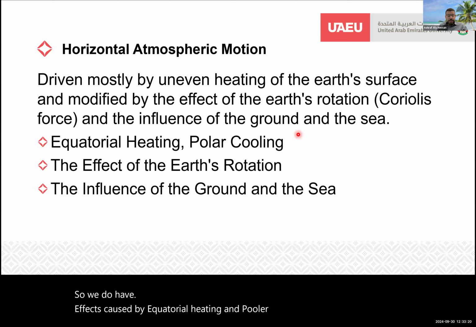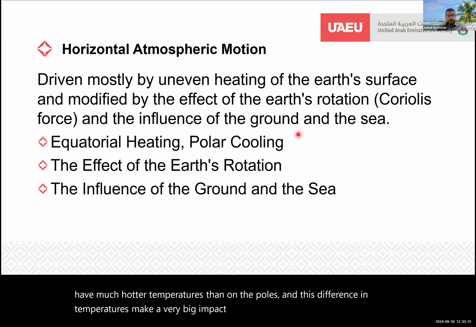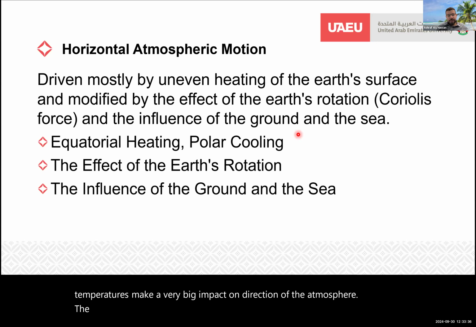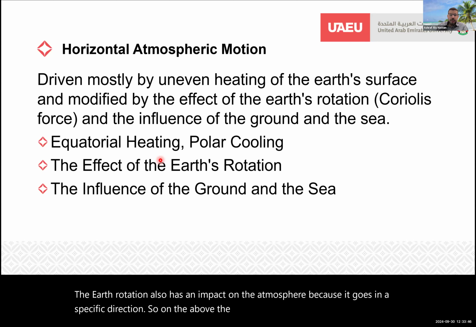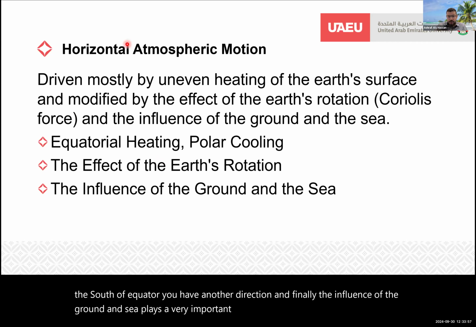On the equator, we have much hotter temperatures than on the poles, and this difference in temperatures makes a very big impact on the direction of the atmosphere. The Earth's rotation also has an impact on the atmosphere because it goes in a specific direction. Above the equator, you will have one direction. South of the equator, you have another direction. And finally, the influence of the ground and sea plays a very important role in atmospheric motion.